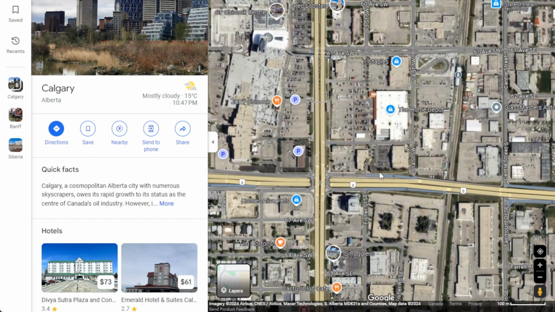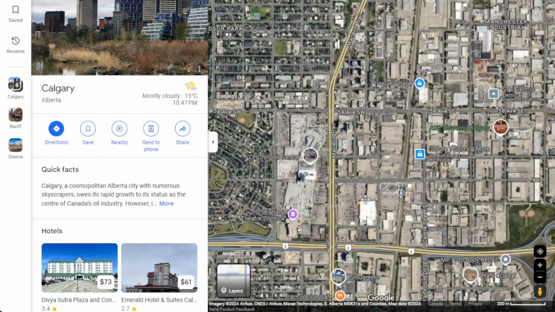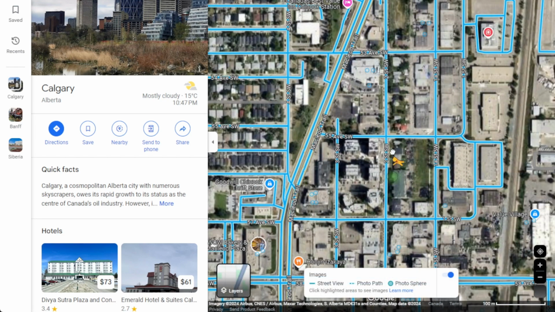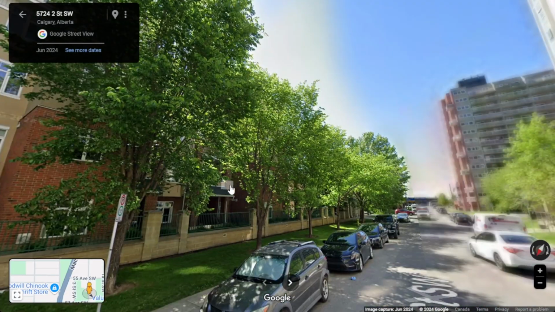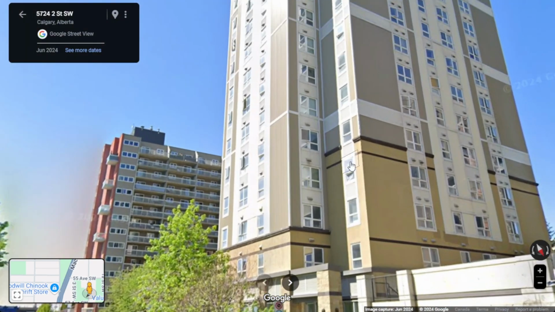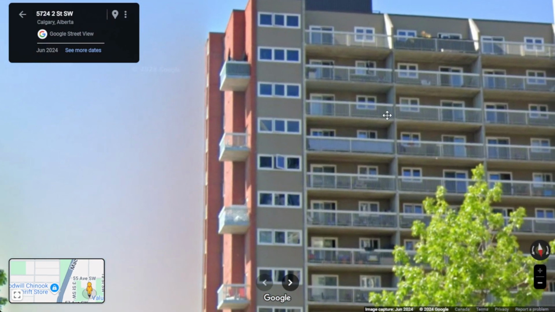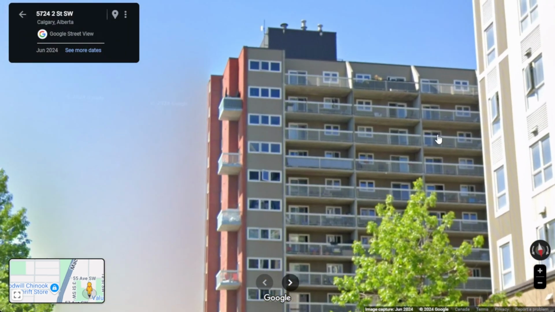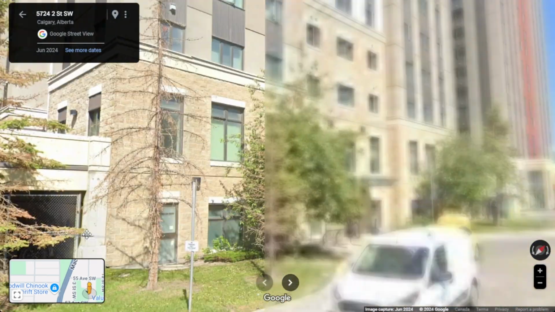There are a few residential buildings nearby. Here they are. I guess the difference between an apartment and a condo is that, one, in condos you have to pay condo fees to the condo board.